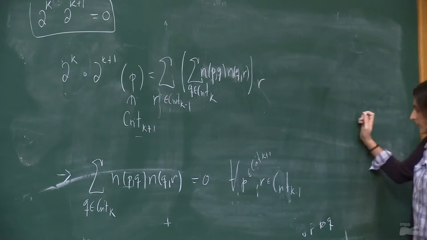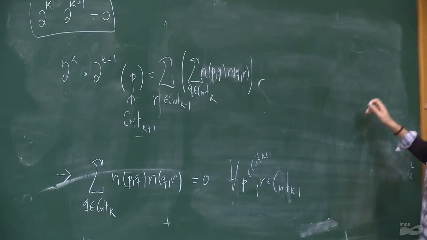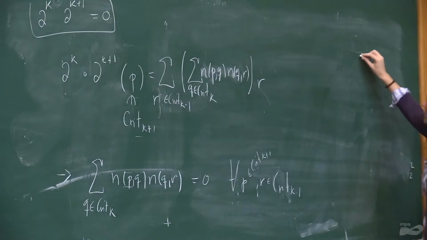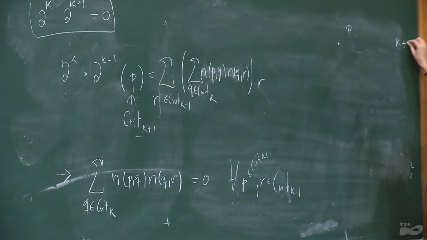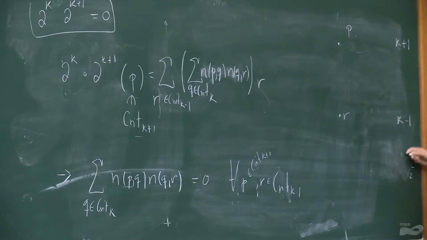Okay, so let me draw a picture of an example to eventually convince you that this is 0. So we have our critical point P here. It has index K plus 1. We have this critical point R here, which has index K minus 1. Okay.